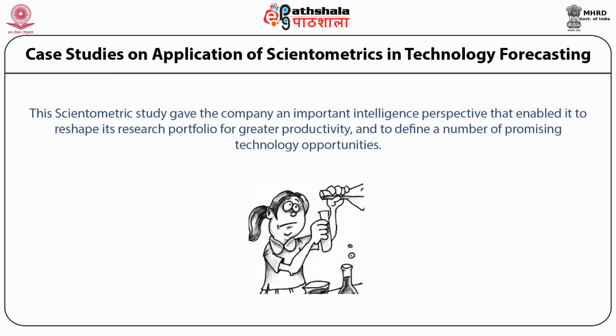Thus, the scientometric study gave the company an important intelligent perspective that enabled it to reshape its research portfolio for greater productivity and to define a number of promising technology opportunities.